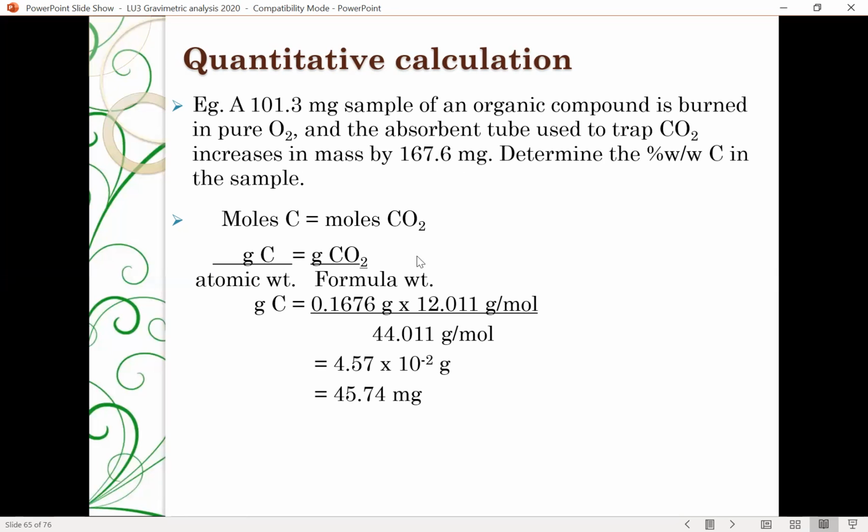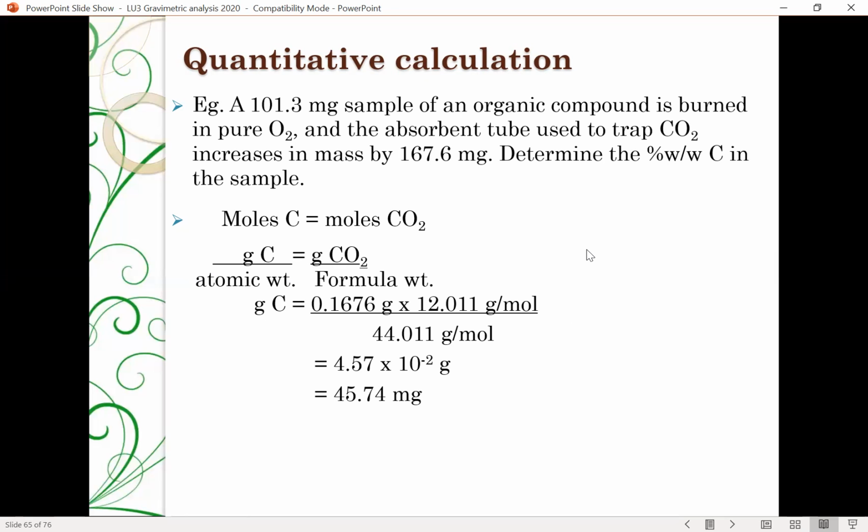From this question, you know that you already have the mass of CO2. You can get from the periodic table the formula mass for C and CO2 as well. From there, you know the mass of carbon.